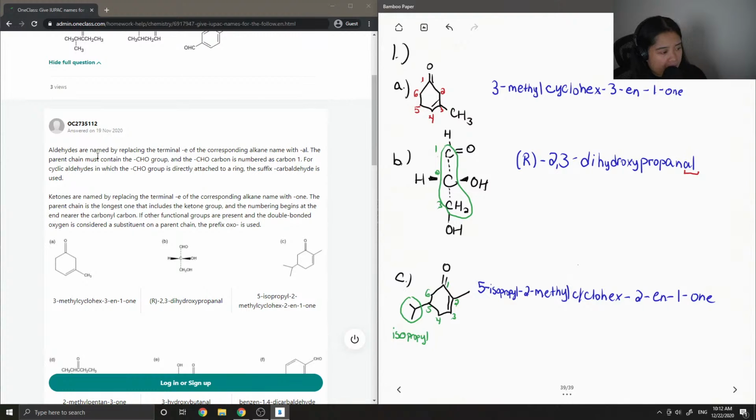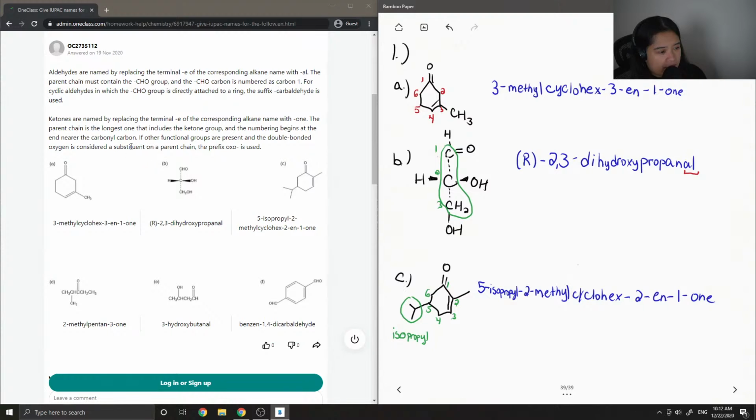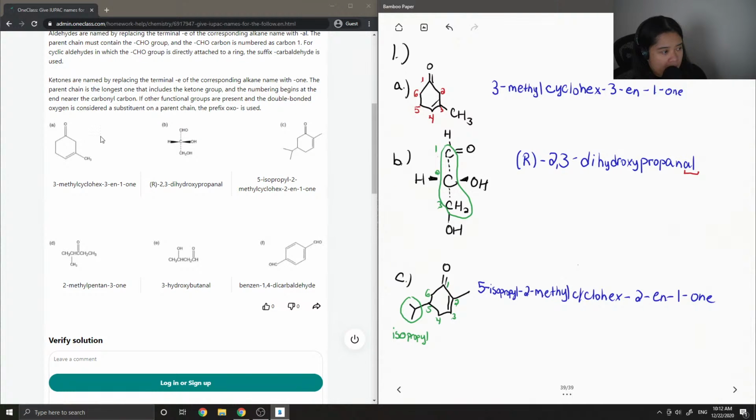Ketones are named by replacing the terminal E of the corresponding alkane name with -one. The parent chain is the longest one that includes the ketone group, and the numbering begins at the end nearest to the carbonyl compound. If other functional groups are present, the double-bonded oxygen is considered a substituent on a parent chain. The prefix oxo is used.